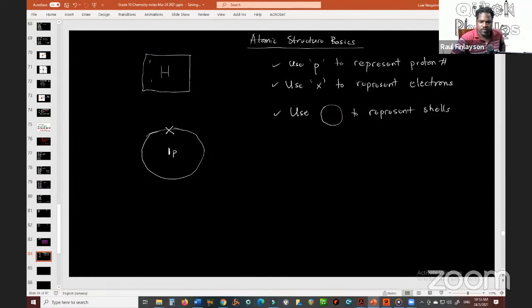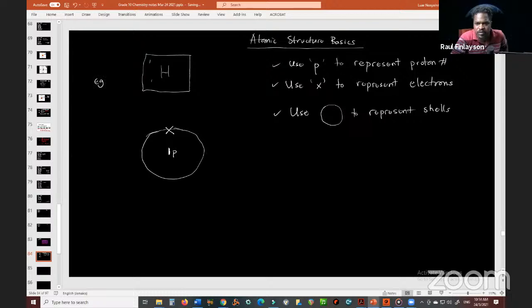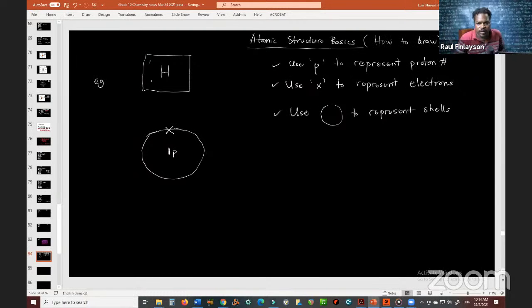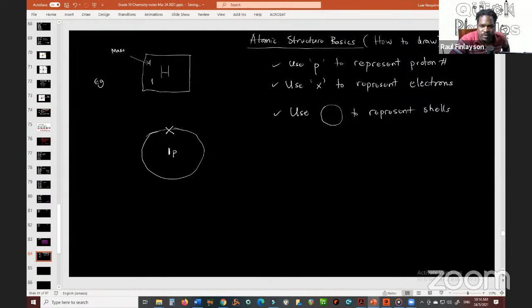Now an example of how to draw. Here we have hydrogen on the periodic table with 1. Remember that this one is the mass number, and this one is the proton number.